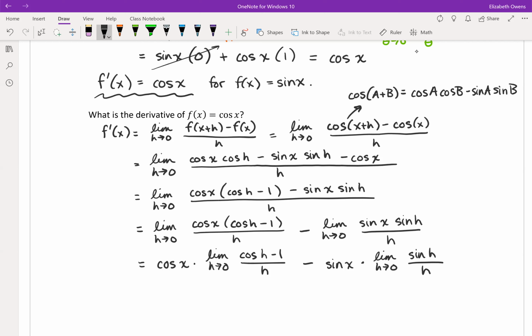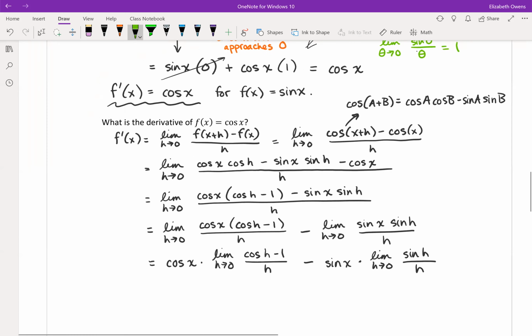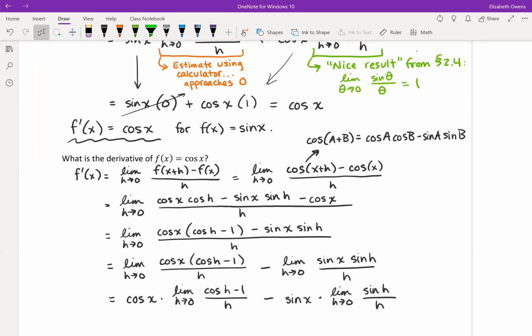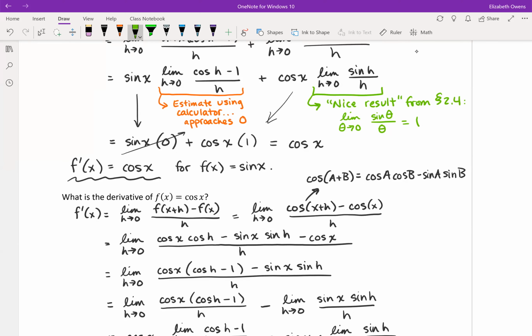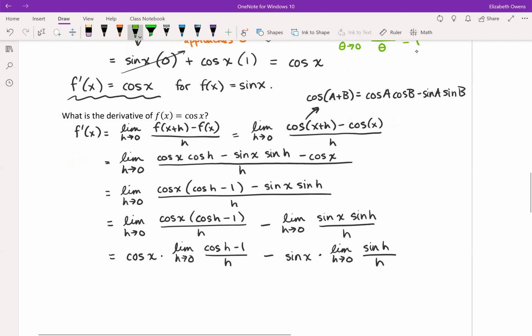Now, these limits should look familiar from the previous video because they're the exact same limits. The sine h over h, that's here. That's our nice result from section 2.4. This part equals 1.